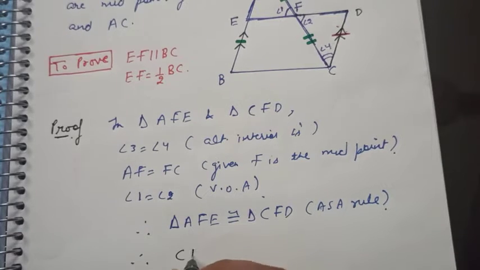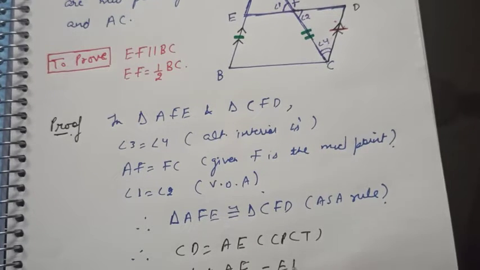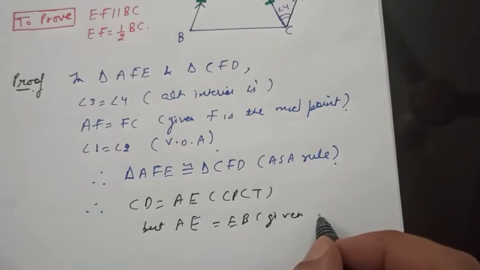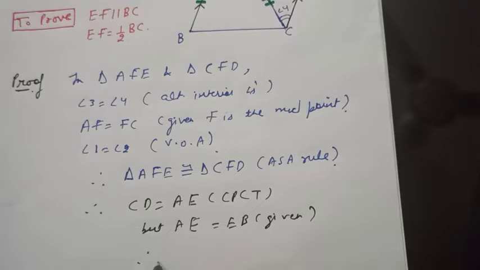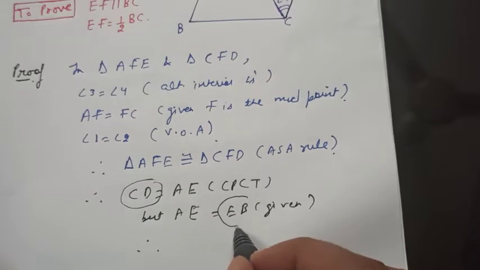Therefore CD is equal to AE by CPCT, but AE is equal to EB, it is given to us, right? So therefore I can say CD is equal to EB.